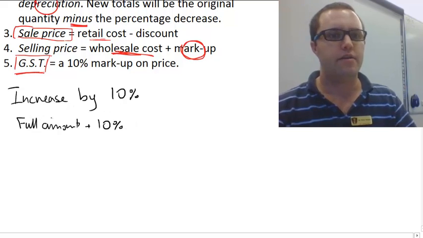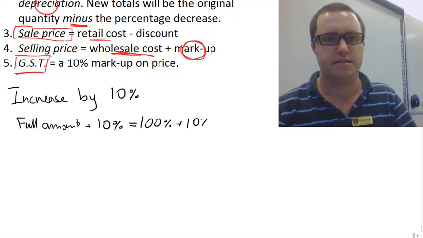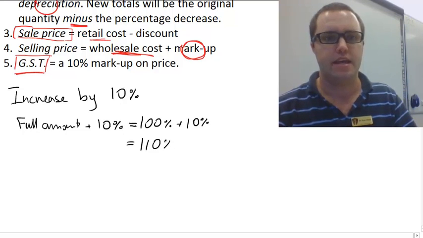Now we know that the full amount of something is equal to 100% of it, plus 10%. For those of you playing at home will know that that is 110%.